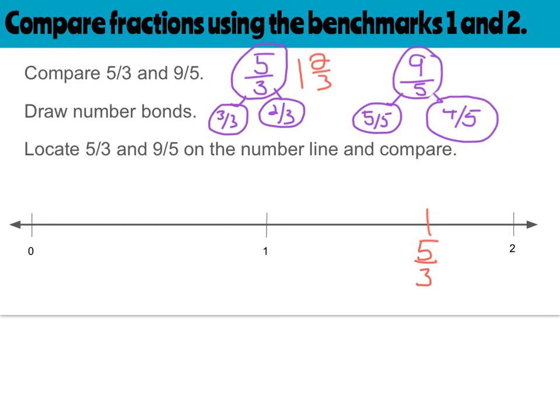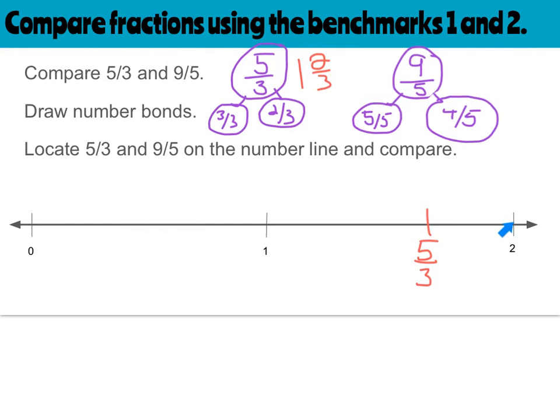Okay, now for my next one, 9/5. I know that 5/5 is at 1 whole already, and then I need to go 4/5 past 1 whole. Instead of dividing my whole number line up, I'm going to think of this second whole as being another 5/5.